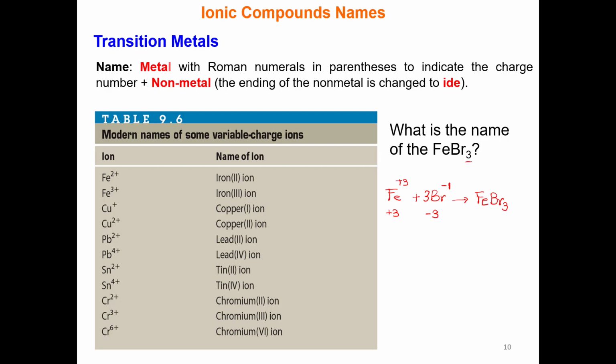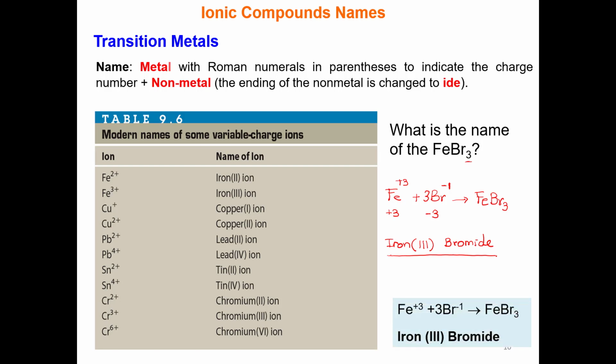Now we can write the name of this compound because now we know the charge for iron. We will write first the name of the metal, which is iron, and the charge in parentheses, and then the name of the non-metal, but we need to change the ending. Then this will be the name of this compound, iron(III) bromide.